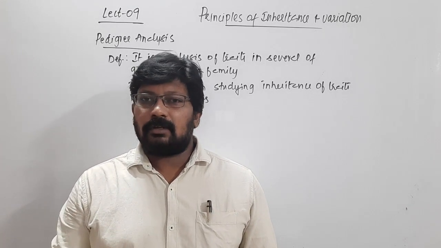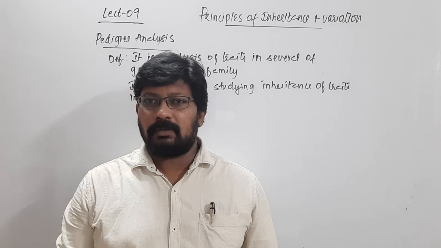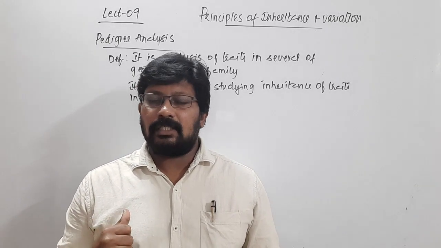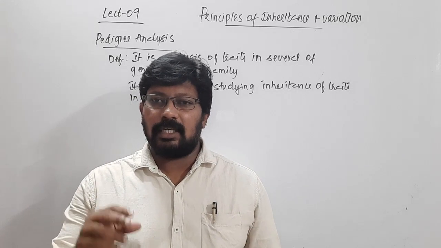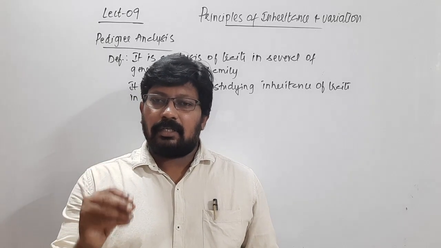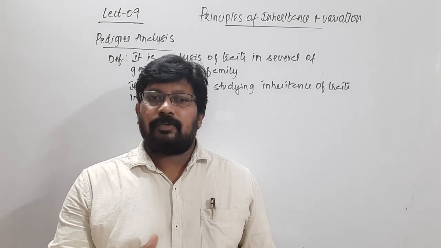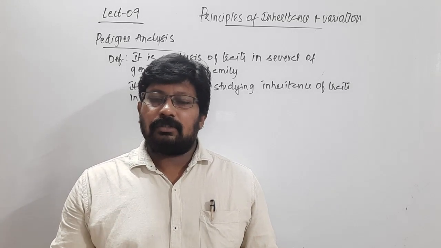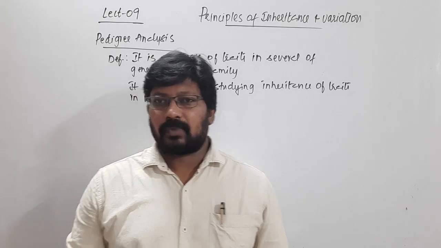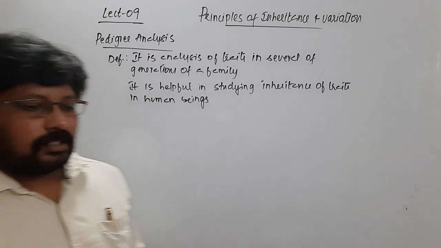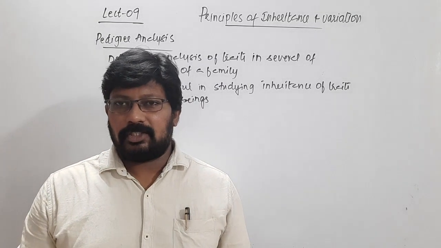That is not possible in human beings. Hence we need to use this method, pedigree analysis, to see how a particular character is inherited from one generation to another, and we call that a pedigree chart.